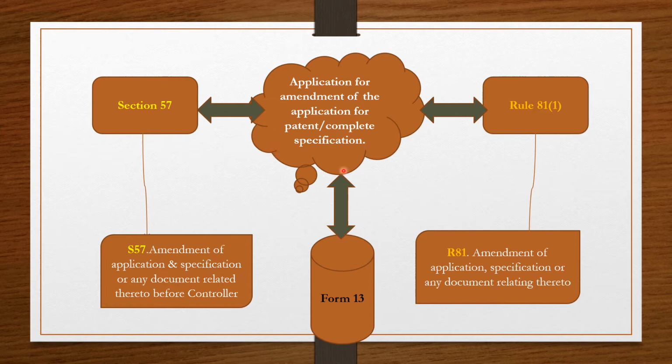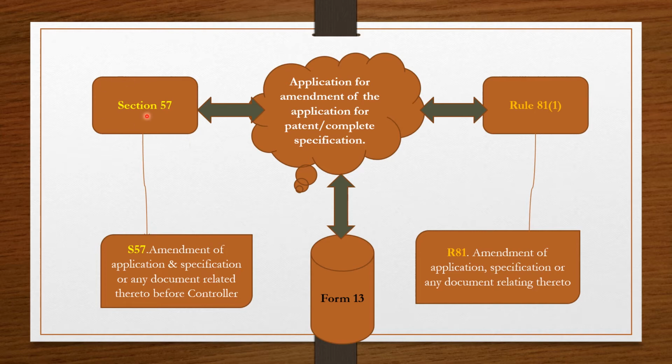This is the title, and the related section is 57 and the related rule is Rule 81, Sub Rule 1. Section 57 has the title Amendment of Application and Specification or any document related thereto before the controller. Similarly, Rule 81 says Amendment of Application, Specification or any document relating thereto.